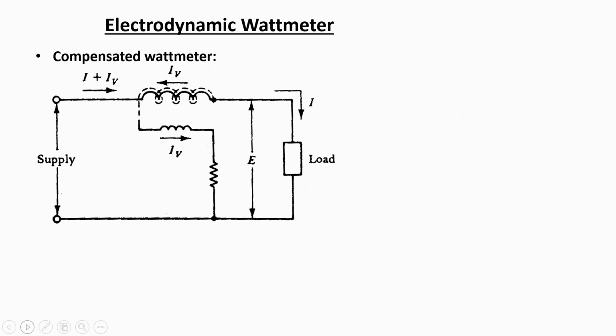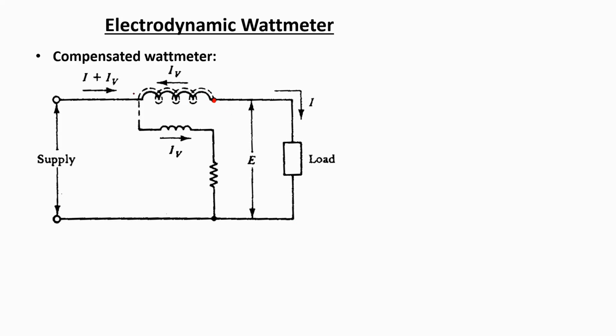So here the moving coil connection is done in a different way to mitigate the effect of the source of error. Now if we look at this circuit configuration, the moving coil is actually connected at this point after the connection of the field coils or the fixed coils, but some additional winding is used along with the connection.